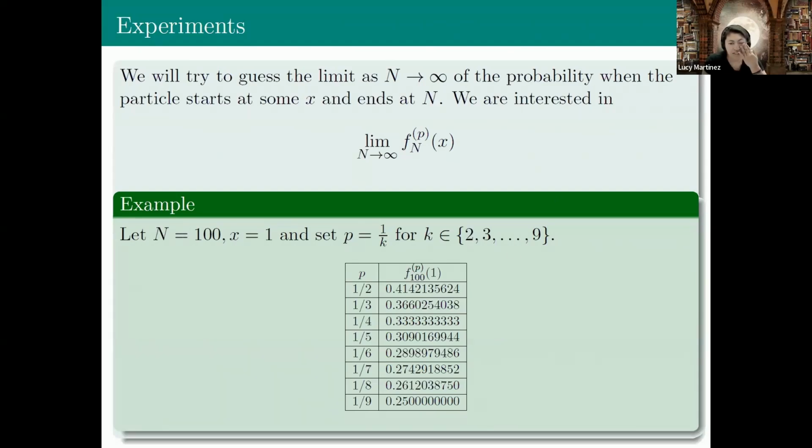Maple was pretty fast computing this data, even though n was 100, which you can imagine is 99 different equations from the recurrence, and then with the initial conditions, you go back and solve for each of those, and then we only extract the x equals 1 information. And those numbers in the table below are the probabilities that we get when we fix n equal to 100, x equals 1, and for different p-values.